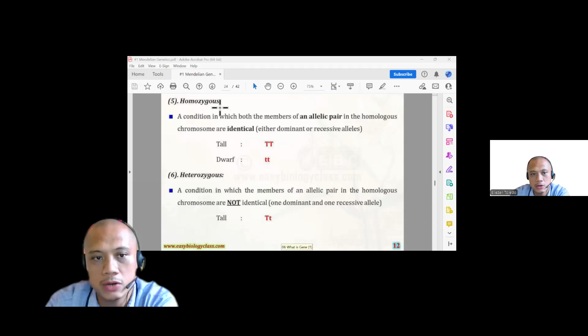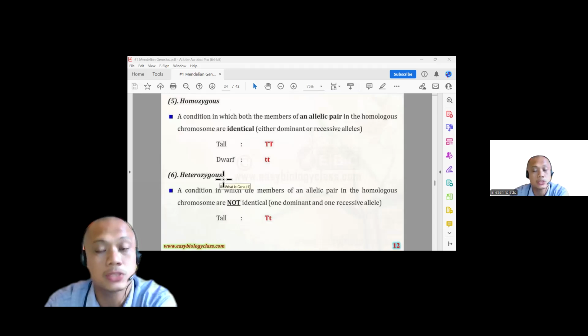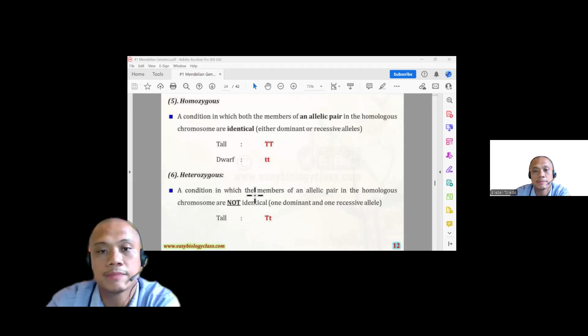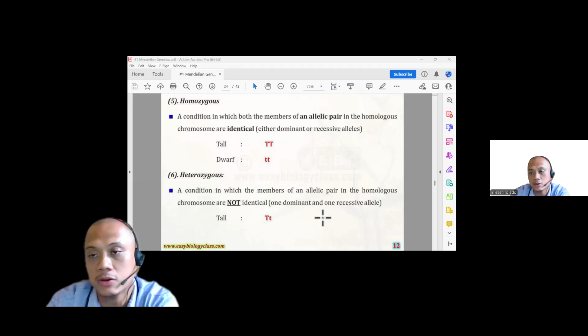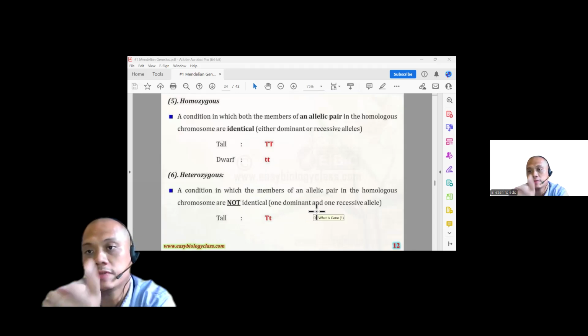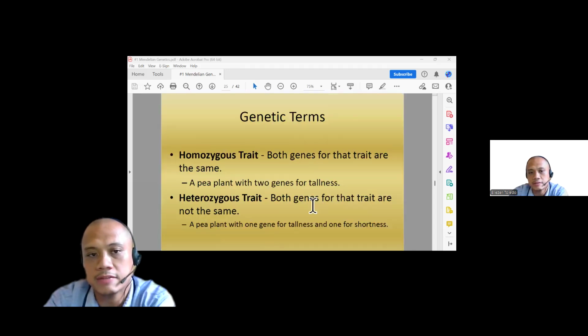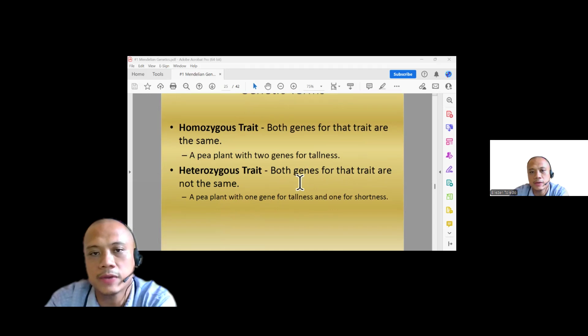Is it homozygous or heterozygous? The genotype would mean that this is actually heterozygous, having a big letter and a small letter. Going back to here, this is homozygous. This one would mean this is heterozygous, a combination of the dominant and recessive traits. Okay, these are the terms. You can go over this as I have defined already.